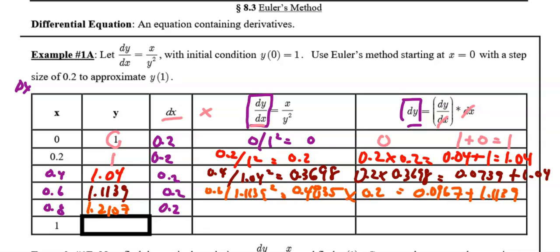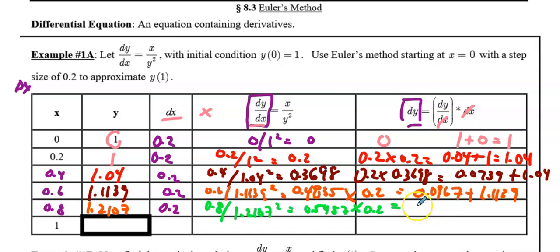And then, ladies and gentlemen, last step with what we're doing here, we're going to do 0.8 as our new x. We're going to take 1.2107. We're going to square it. We're going to get 0.5457. We're going to multiply that by delta x to give us our delta y.